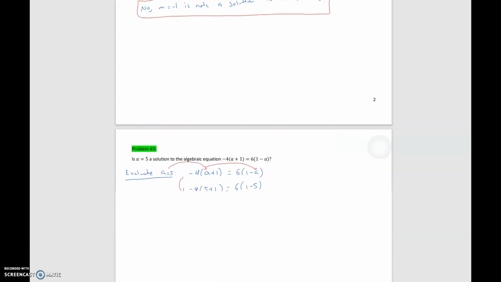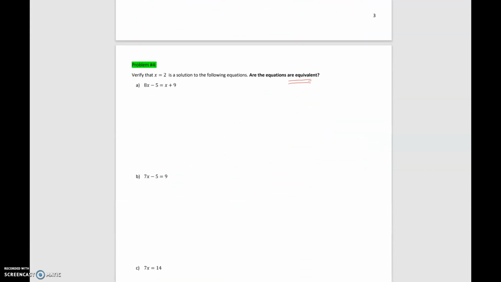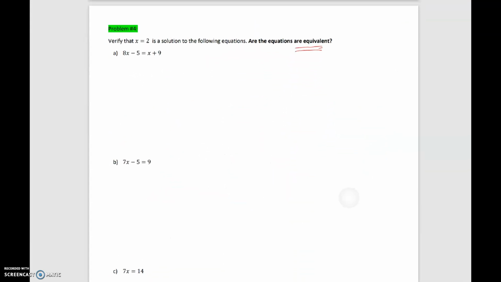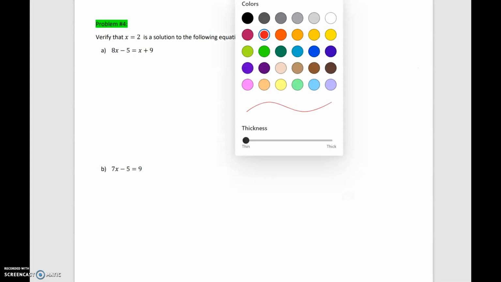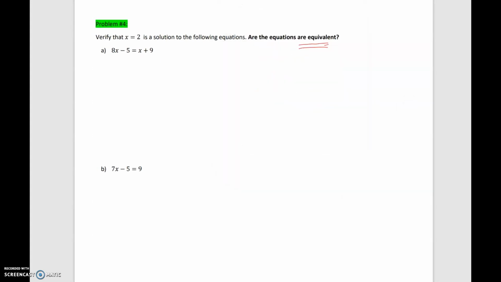So for this problem, we could approach it in different ways, but let's do what we did on the previous ones for part A and just evaluate. So in this case, evaluate x is equal to 2, and we end up with 8x minus 5 is equal to x plus 9.